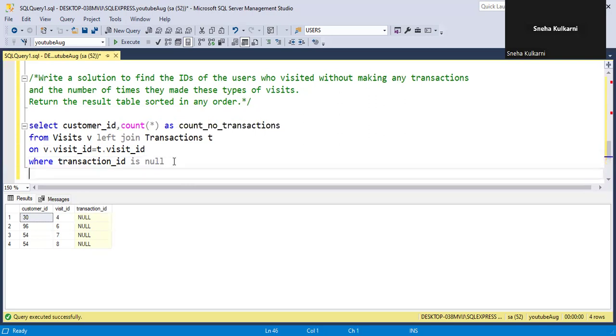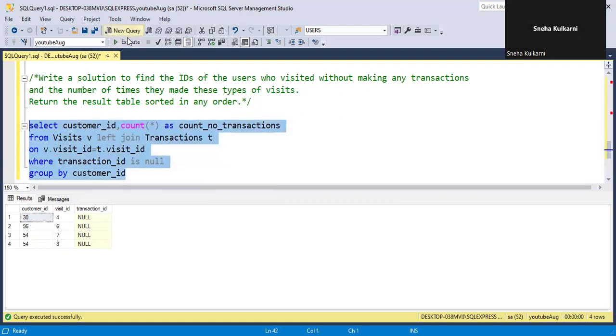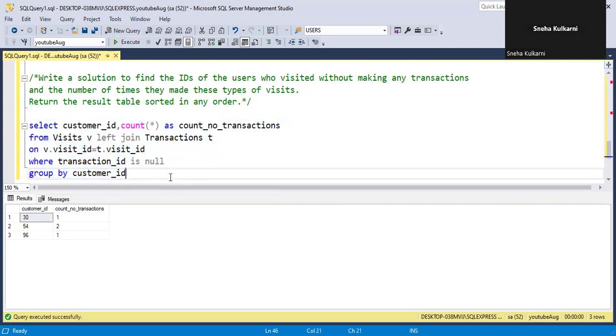And I will use group by customer ID. So I will run this query and it will give the customer ID and how many times each customer visited the mall but did not make any transaction, right?